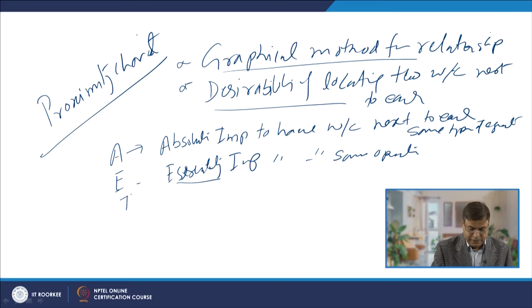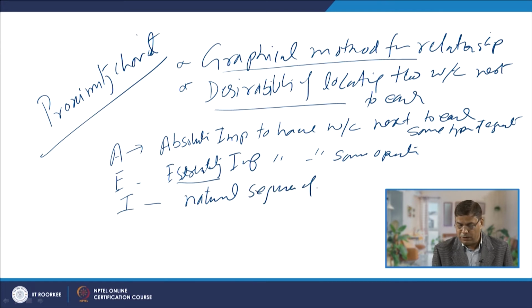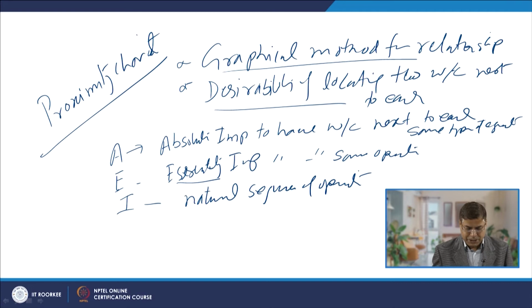And next is I, important. Arranging the two facilities close to each other is important when the equipment follows the natural sequence of operations. Like first of all, cutting. After cutting, if drilling is normally performed, then cutting and drilling can be brought close to each other, or after the finishing operation, if heat treatment is to be done, they can be brought close to each other.